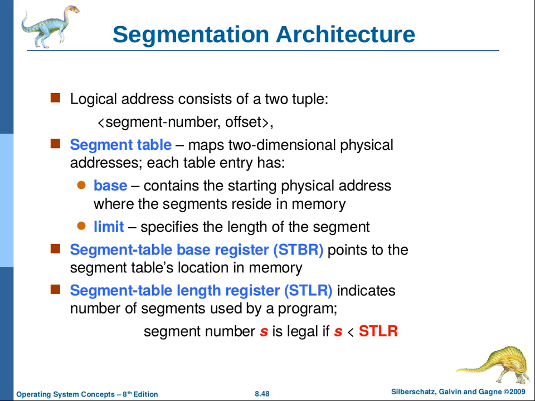That's all this is. And just like paging, there is some support for it. The segment table maps to the physical address. It has a base and a limit, just like with paging. The base register points to the location in memory, and the limit is the length of the segment.